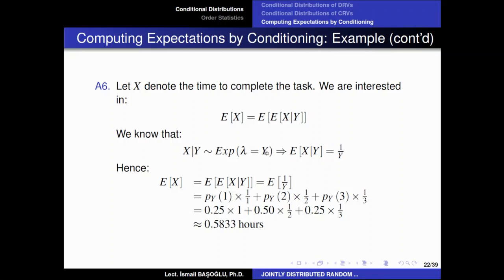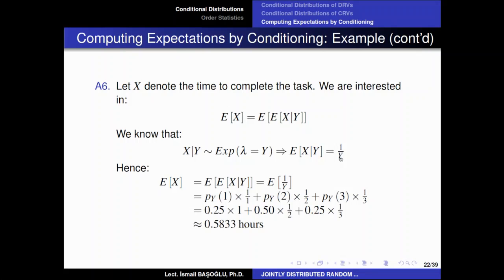If lambda is equal to random variable y, that conditional expectation will be 1 over y as well. As you can see, that interior expectation is a function of random variable y, so depending on y, it is going to take different values. For example, if y is equal to 1, which means neither James nor Dwight arrives to help Pam, Pam is going to do the task by herself, and the average time to perform this task will be 1 over 1, which means 1 hour.